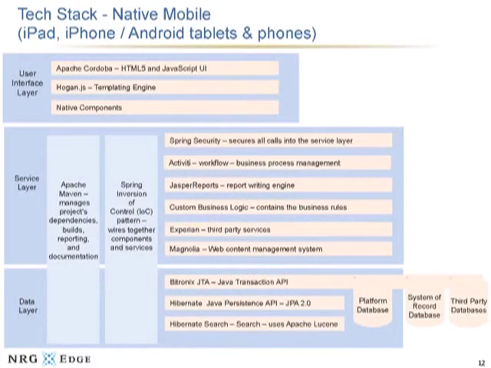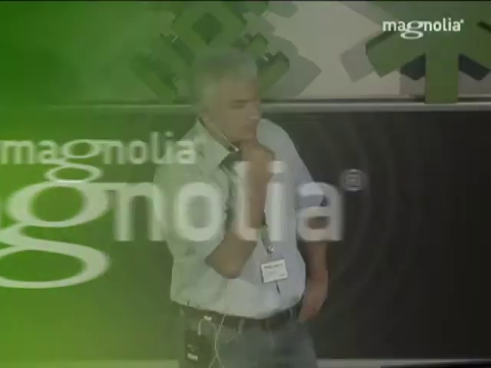Yeah, we have a pretty strong security focus here, and you'll notice at the top of the service layer there, we use Spring Security to secure all calls into the service layer. That's really the approach that we're taking. If you're interested in knowing more about how Spring Security works, feel free to stop by after this, and we'll chat more about it.